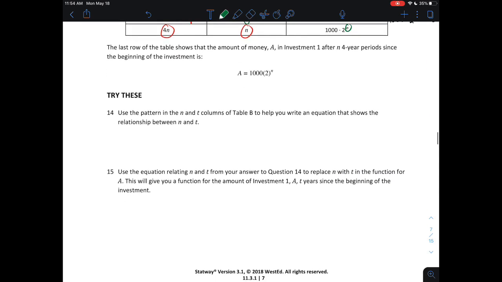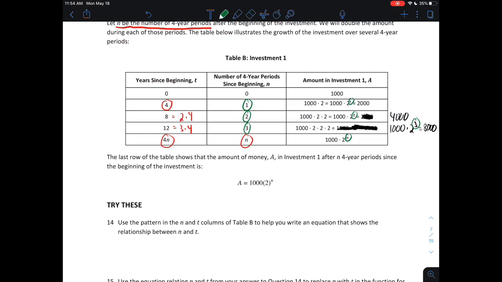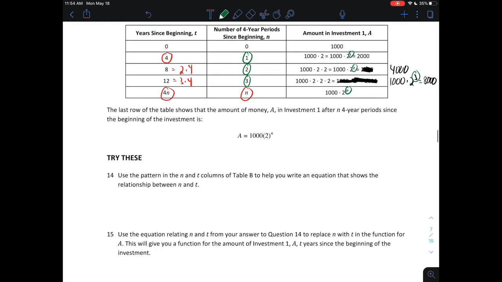So now, number 14. Use the pattern between n and t columns of table B. T was the first column, n was the second column, to help you write an equation that shows the relationship between n and t. So, what we can see is that if you have a number n, how many 4-year periods, you multiply it by 4 and you get the number of years, t.